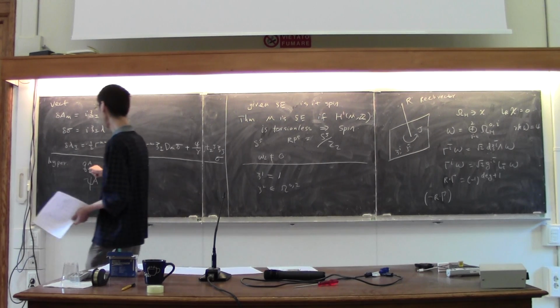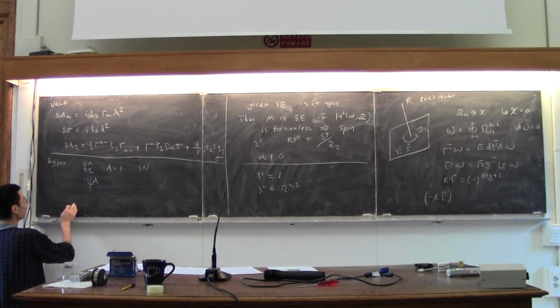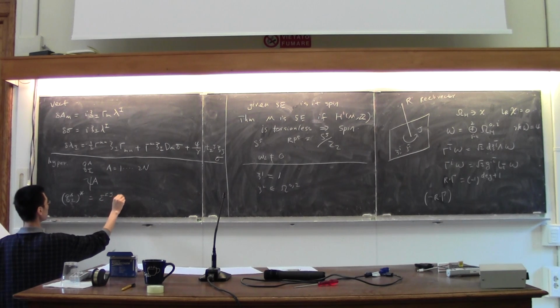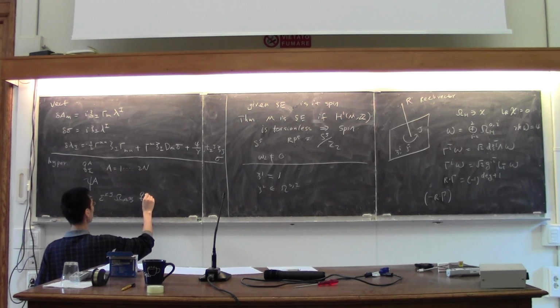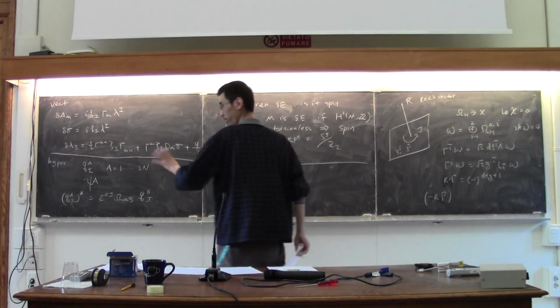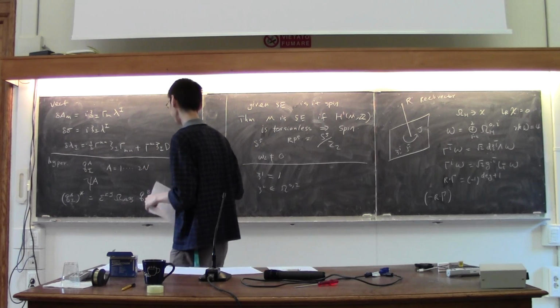And then this scalar will satisfy the following constraints. Here epsilon ij is the invariant tensor for SU(2), the R-spin, and omega AB is the invariant tensor for Sp(2n).